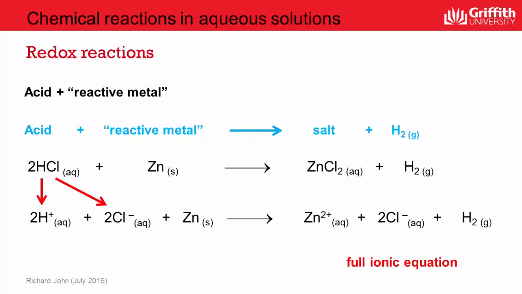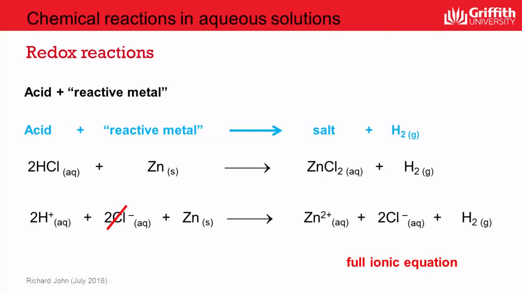As you can see, the strong acid, the 2HCl, in the full ionic equation, is best represented as separate 2H+ ions and 2Cl- ions. And the strong electrolyte on the product side, the zinc chloride, is best represented as separated Zn2+ ions and the 2Cl- ions.